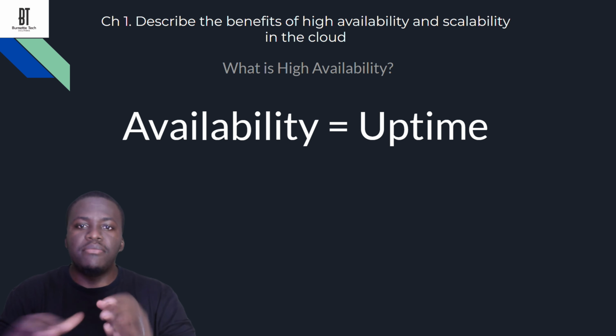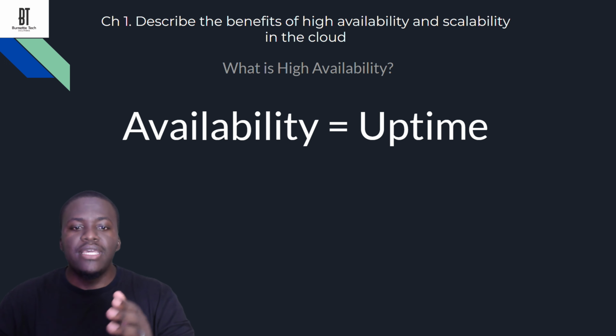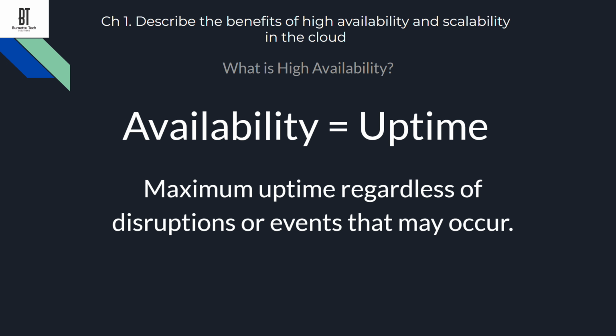High availability means that you will be able to access your resources despite any interruption or events that may occur. High availability is the maximum uptime that you can garner.